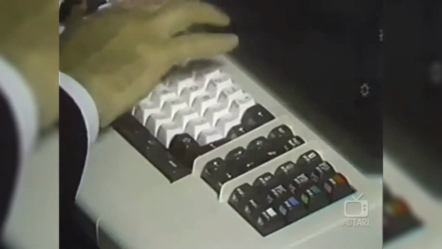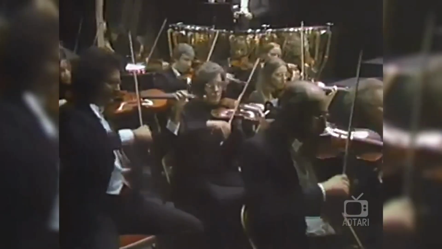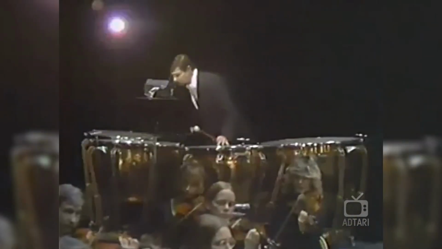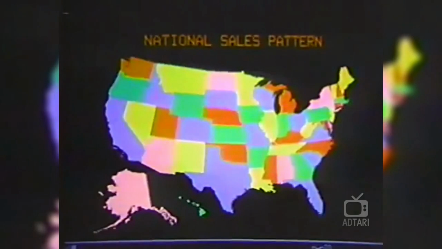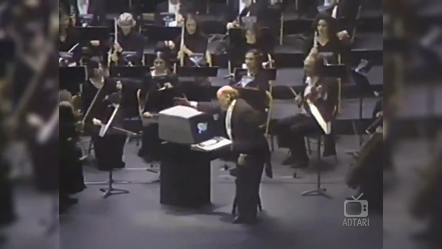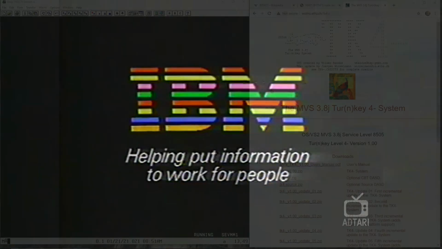Sales trends by product on a pie chart, brimming with color. A quick look at how our theoretical company is doing countrywide. The IBM Color Terminal and Friends. IBM, helping put information to work for people.